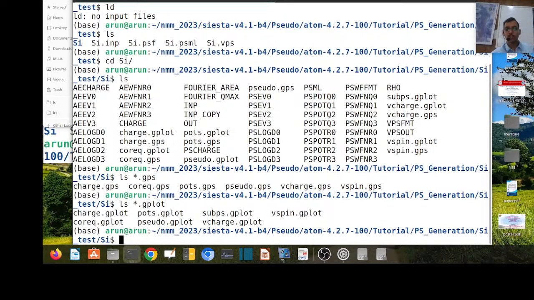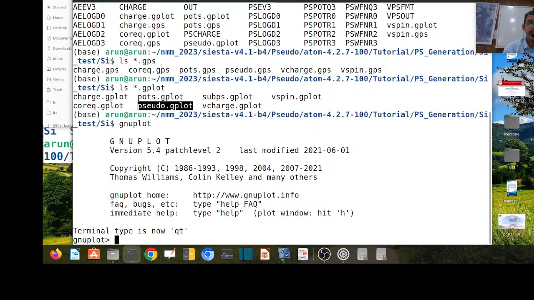So what do we do now? This is a very important file, sudo.gplot. What you will do is gnuplot, then load, in single or double quotes.